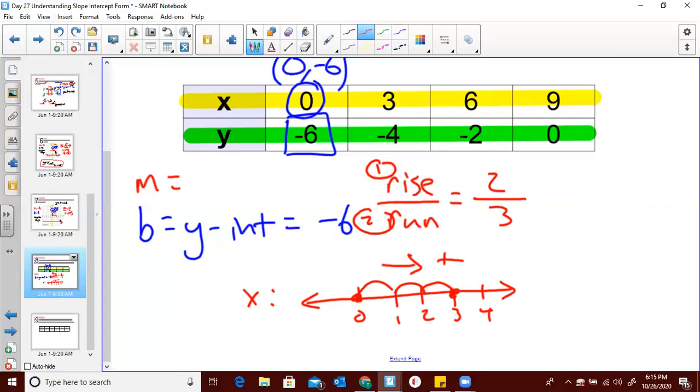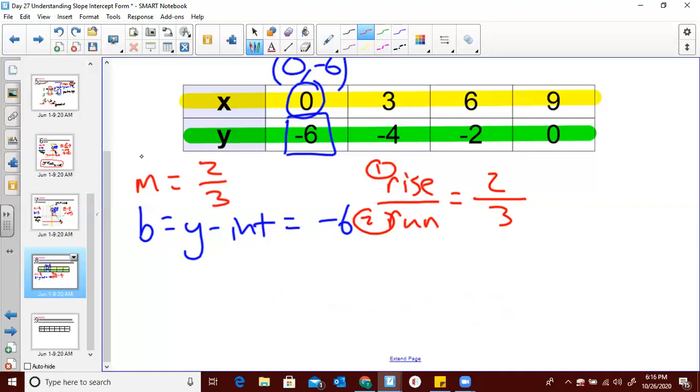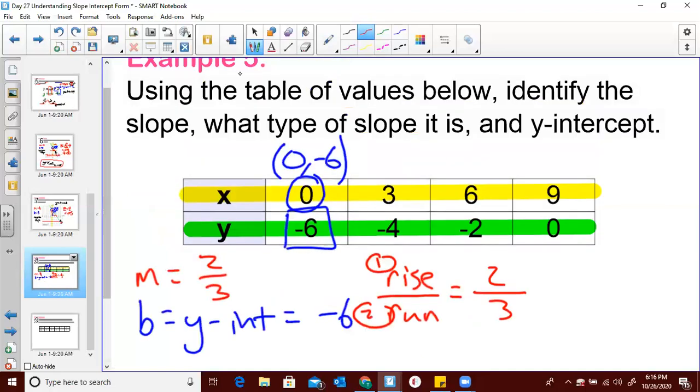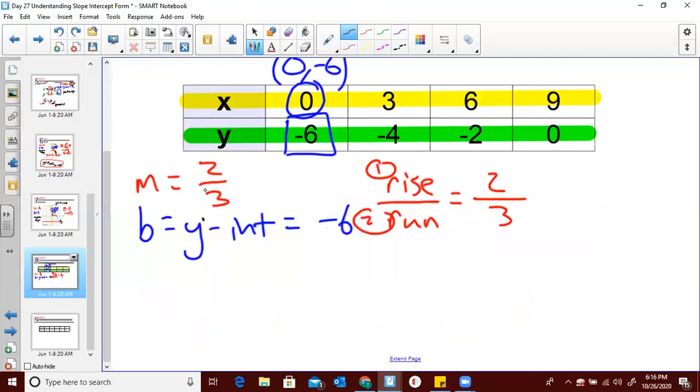So our slope will just be a positive 2/3. All right, now for this, we don't have a graph to look at when it asks what type of slope this is. But we know that the slope is positive, because there's no negative sign here. So this is just going to be a positive slope.